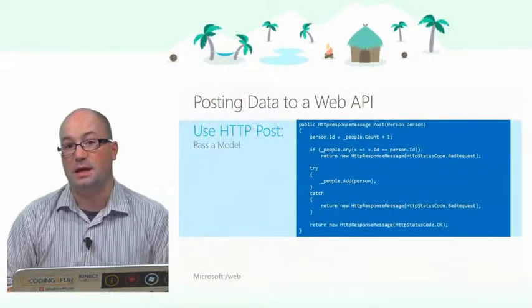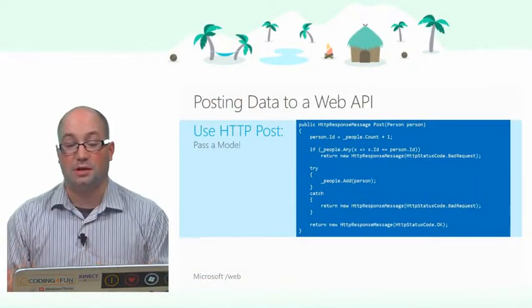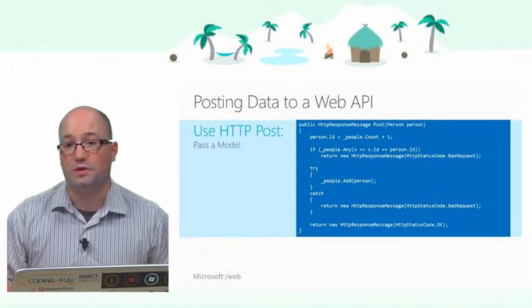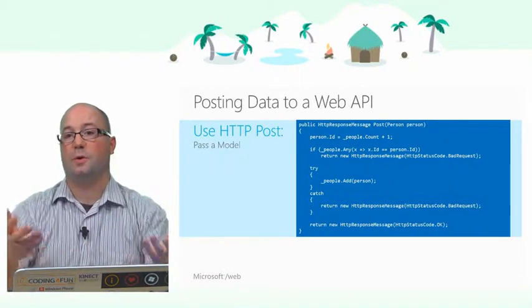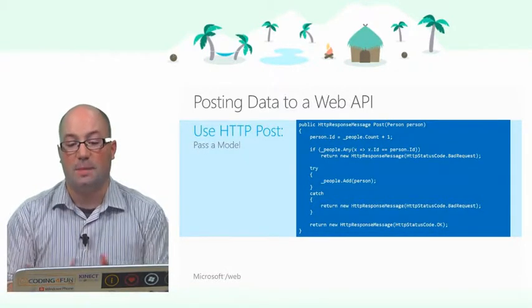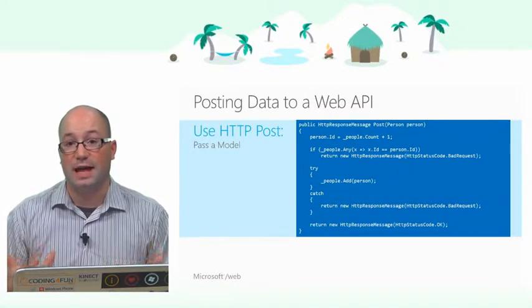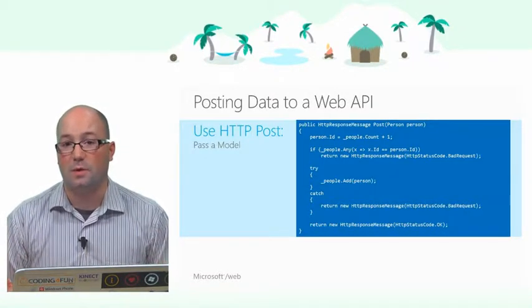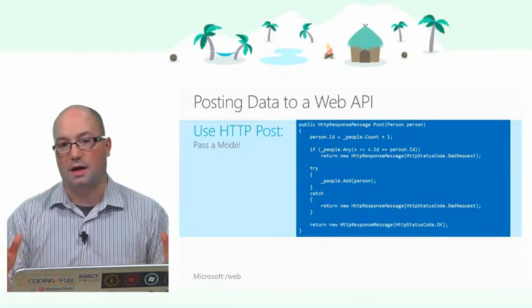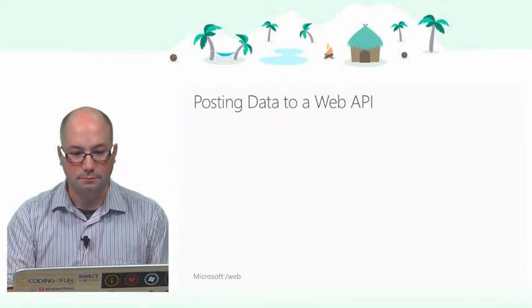So when somebody makes a post to the controller called person, we're expecting some data to come in that's going to match that person object. The beauty of this is, even though somebody's posting JSON through to our web API method here, we still get a real .NET CLR object that we can work with without having to do a whole bunch of dancing around the serialization.